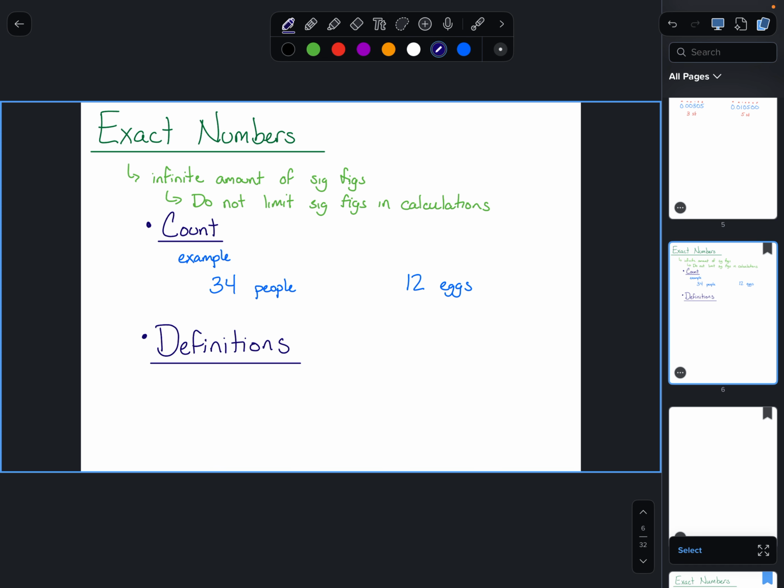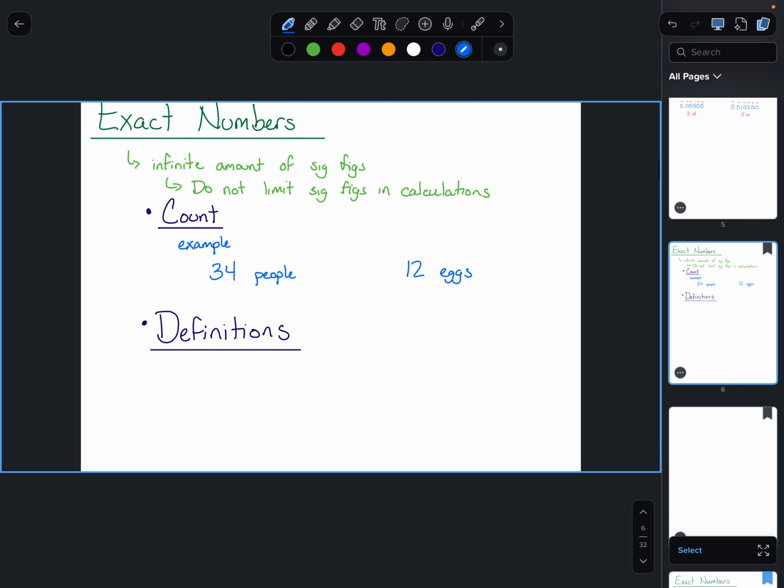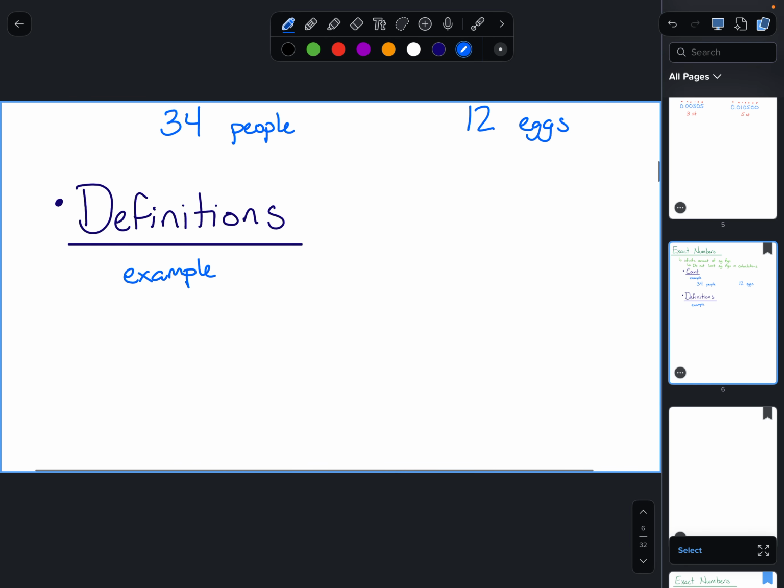Well, you can convert freely from one set of units to the other, from one set of length measurements into another. And those conversions are defined. So for example, not anything you have to have memorized, but just an example here: 1 inch is defined as 2.54 centimeters.